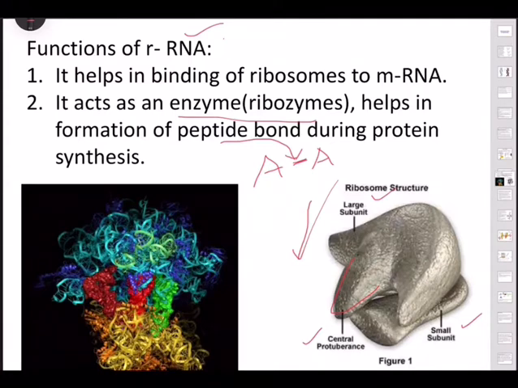On the basis of molecular size and function, three main forms of non-genetic RNA are, as I said, mRNA, rRNA, and one more is tRNA. mRNA constitutes about 3.5% of cellular RNA, tRNA is about 15%, and rRNA is maximum with 80% of the RNA.